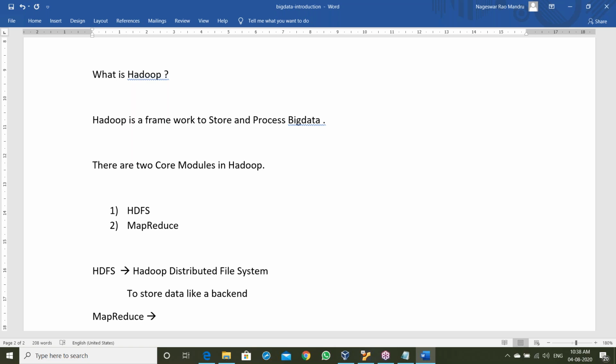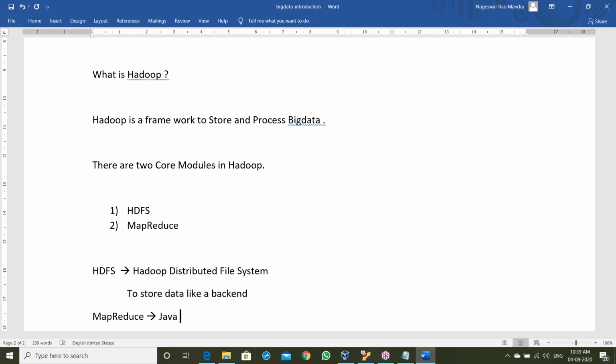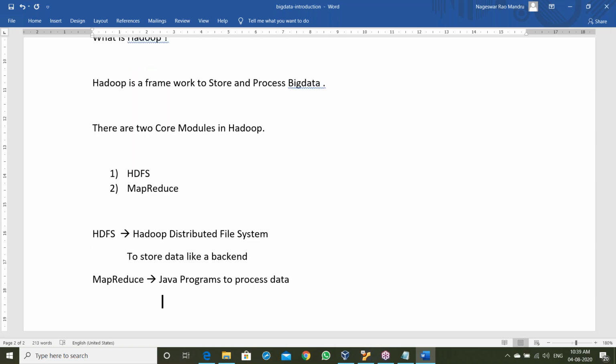MapReduce programs are Java programs. HDFS is a file system, the Hadoop Distributed File System. So what is MapReduce? These are Java programs to process data.